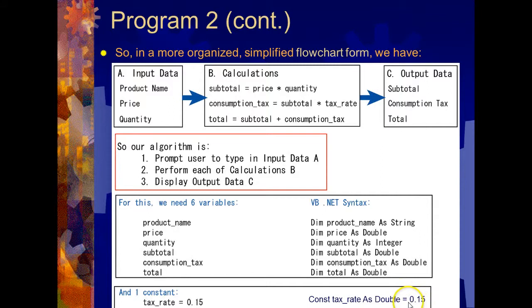Okay, so let's look at this in more detail. In a more organized, simplified flowchart form, we have A is input data, B, do the calculations, and C, output the data. Let's say that again. A is input the data, B is do the calculations, and C is output the data.